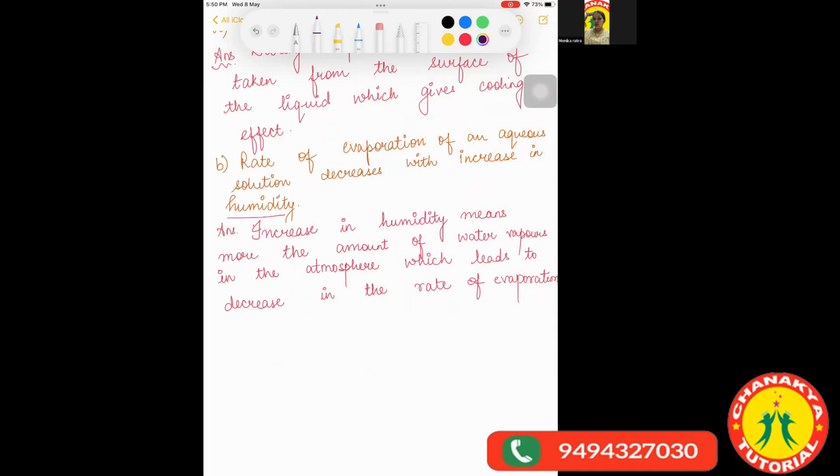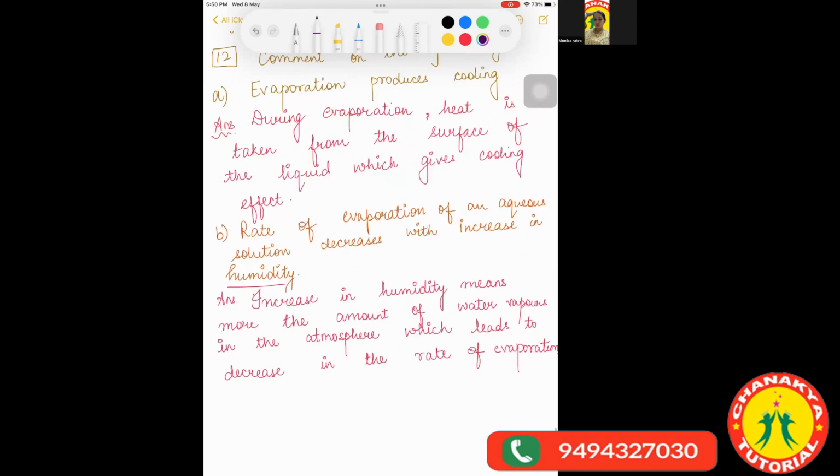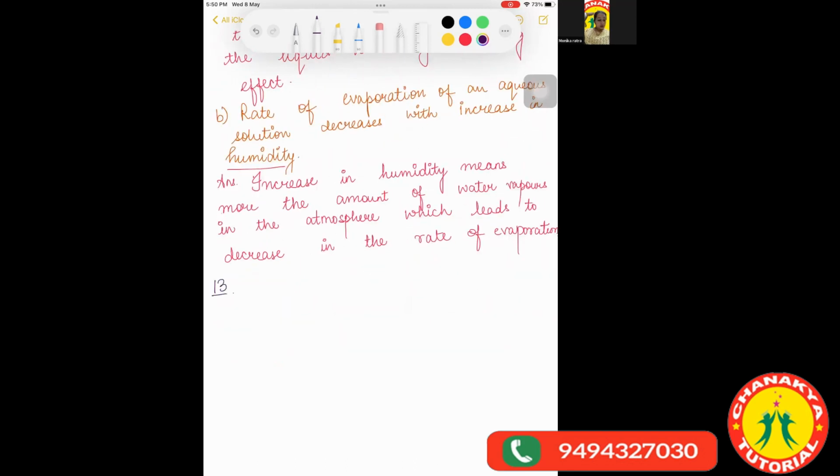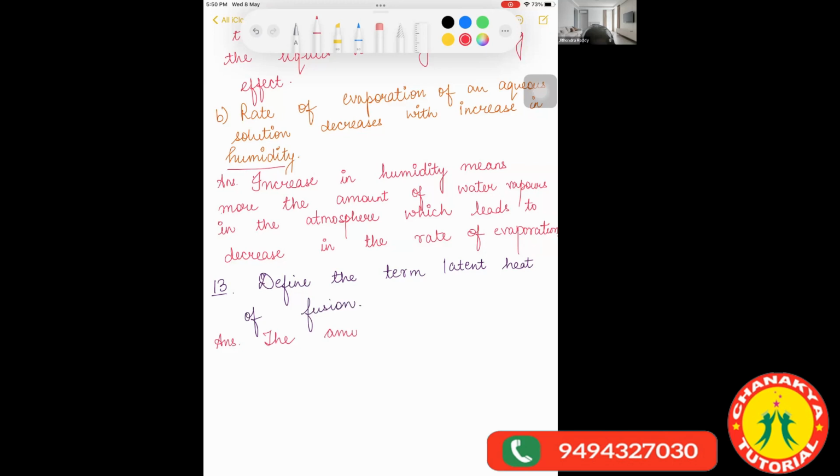Then next question. Define the term latent heat of fusion. Jitendra. The amount of heat energy required to convert 1 kg of solid into liquid at atmospheric temperature at its melting point.